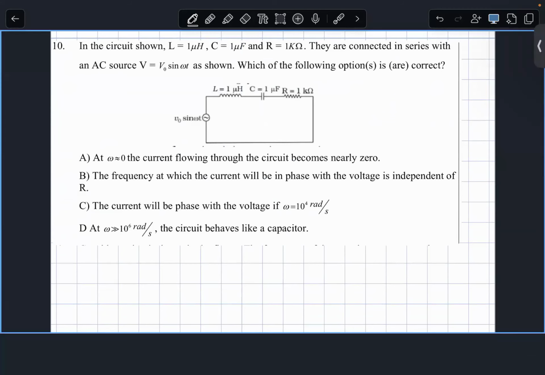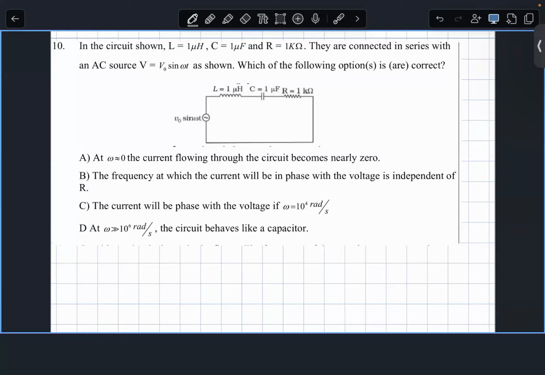10th question. In the circuit shown, L is equal to 1 microhenry, C is 1 microfarad, and R is 1 kilo ohm. They are connected in series with an AC source. Here, when omega is equal to 0, it means it's a DC circuit, a battery kind of arrangement.